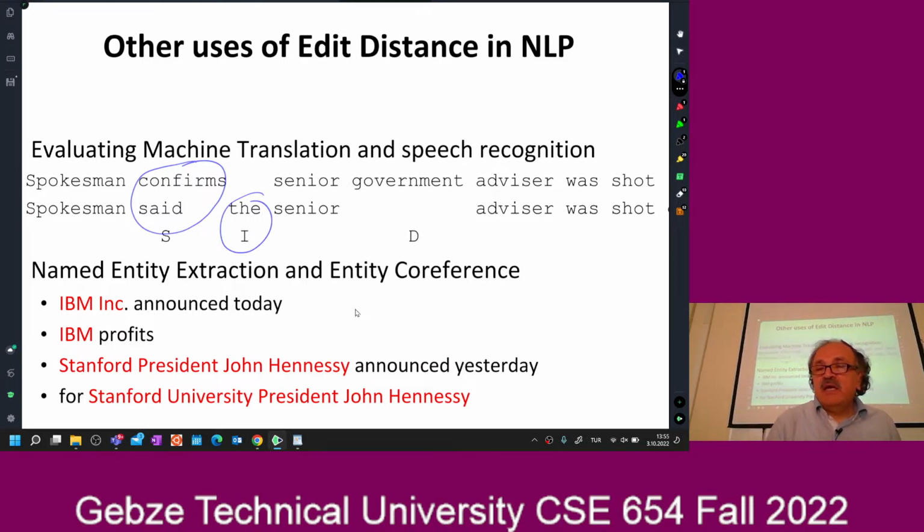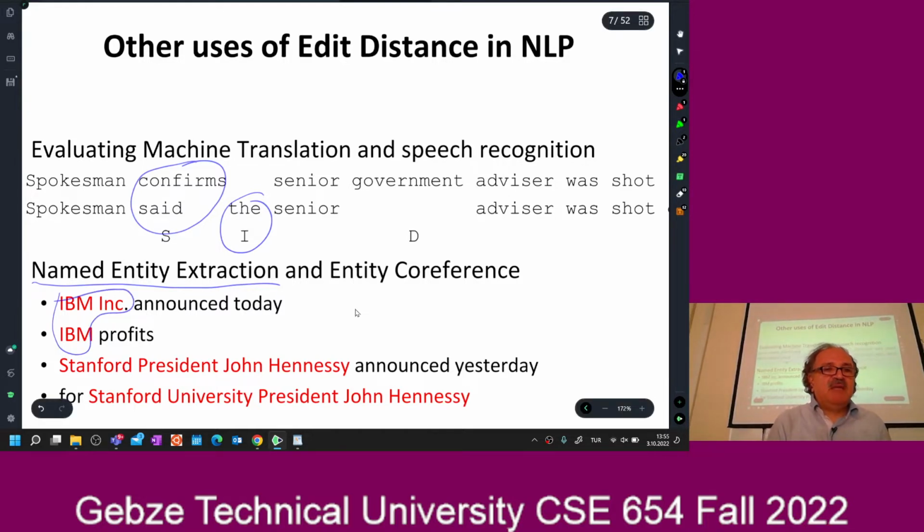Okay? Another one is named entity extraction. Remember the named entity extraction, named entity recognition. Given a sentence, we like to find the persons, companies, dates, places, etc. inside those sentences. Okay? So running the edit distance between these two phrases, IBM Incorporated or IBM, is going to help us.